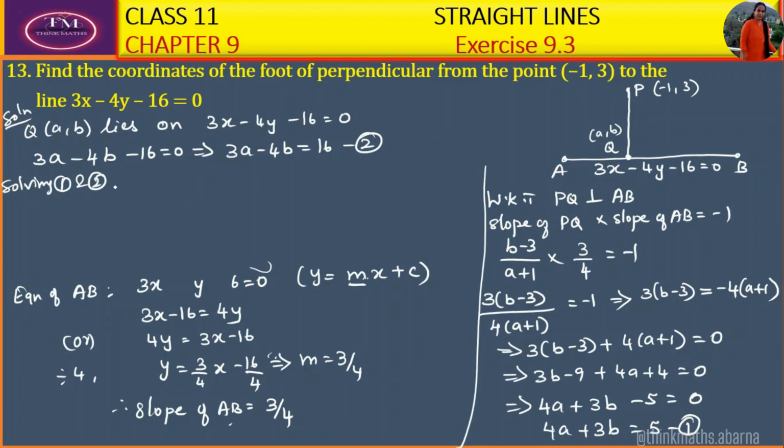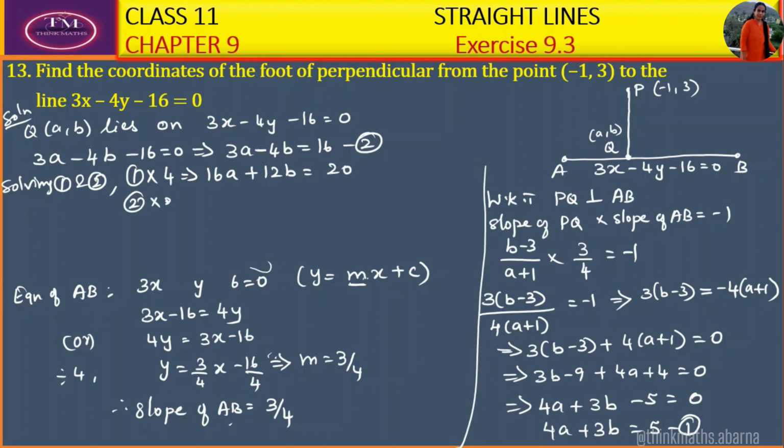How to solve? We have to multiply the first equation by 4 to make the b part equal. So b part has positive and negative sign. If you multiply the first equation by 4, you will get 12b, and the second equation by 3, you will get minus 12b. So b gets cancelled. So 1 into 4 is 16a plus 12b equal to 20.